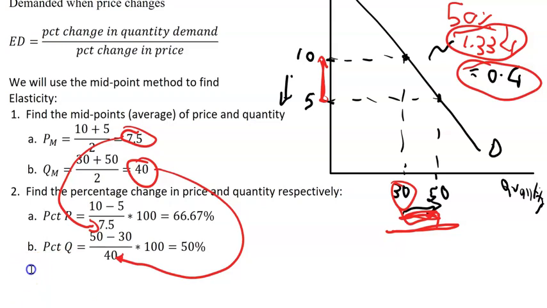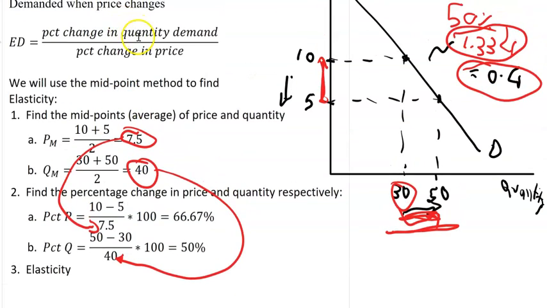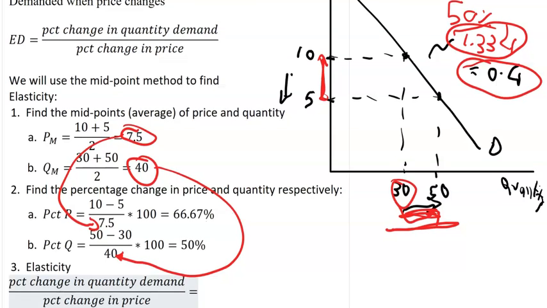So finally, elasticity is going to be this formula: percentage change in quantity demanded divided by percentage change in price. The percentage change in quantity was 50%, divided by the percentage change in price, 66.67%. So let's write 50% on top and delete this.